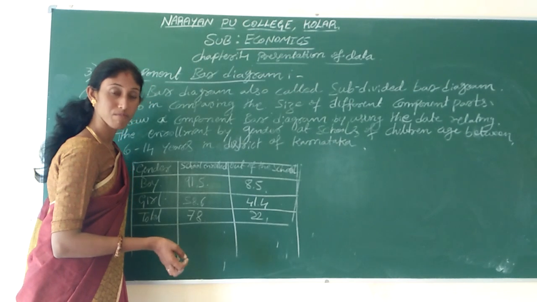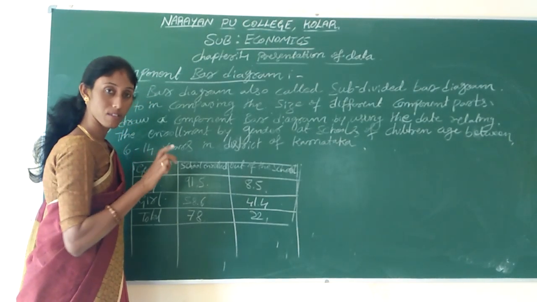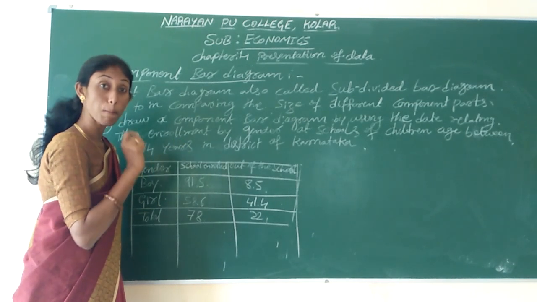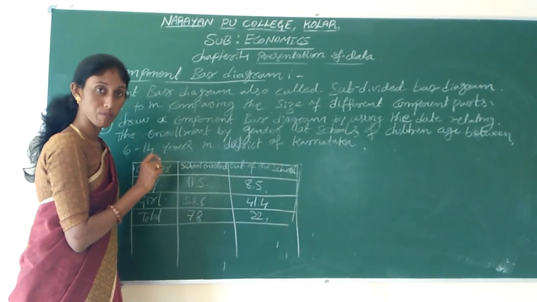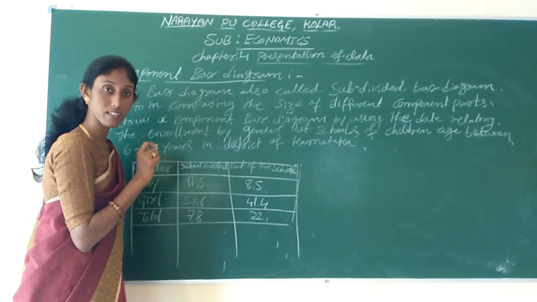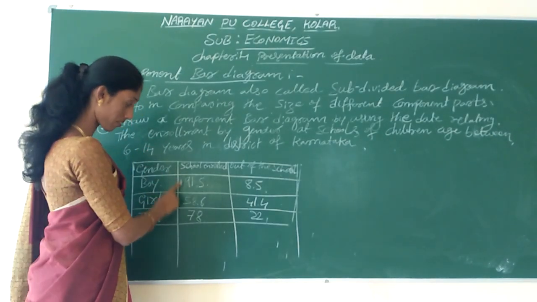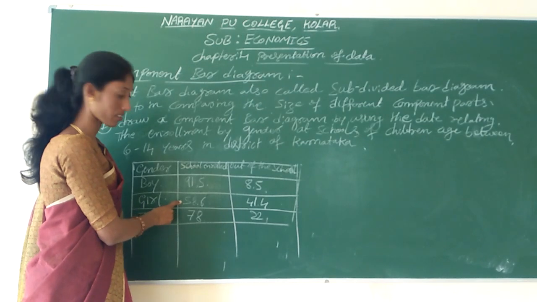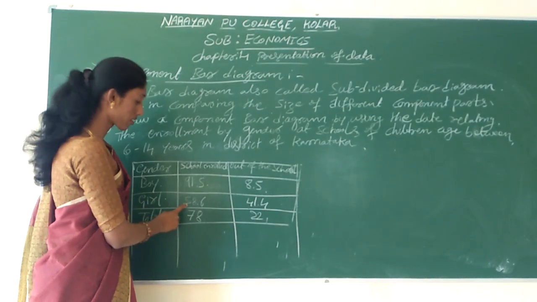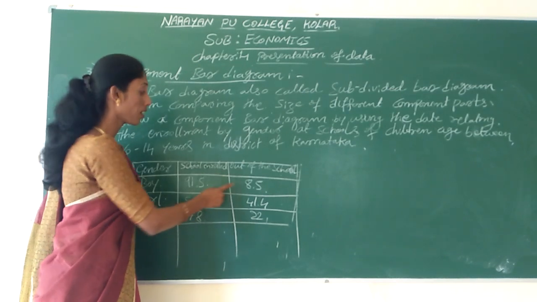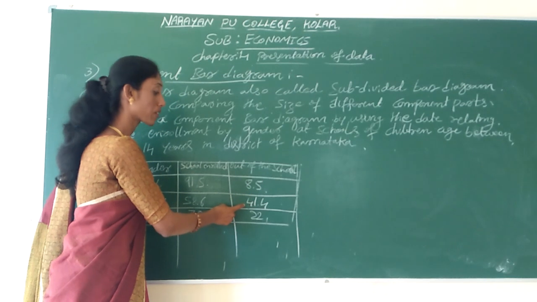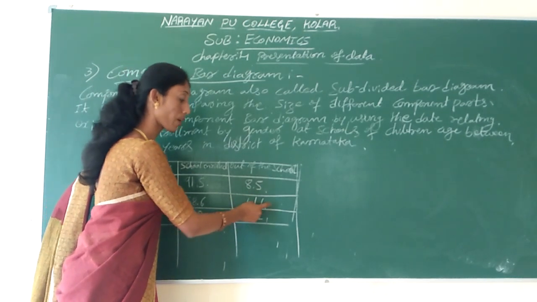We all know that in some backward areas, they give more importance to the education of the boy child. They won't give much importance to the education of the girl child, right? That's why the data is also showing that. The school enrollment of boys is 91.5, but girls is 58.6. Out of school, boys is 8.5, girls is 41.4.